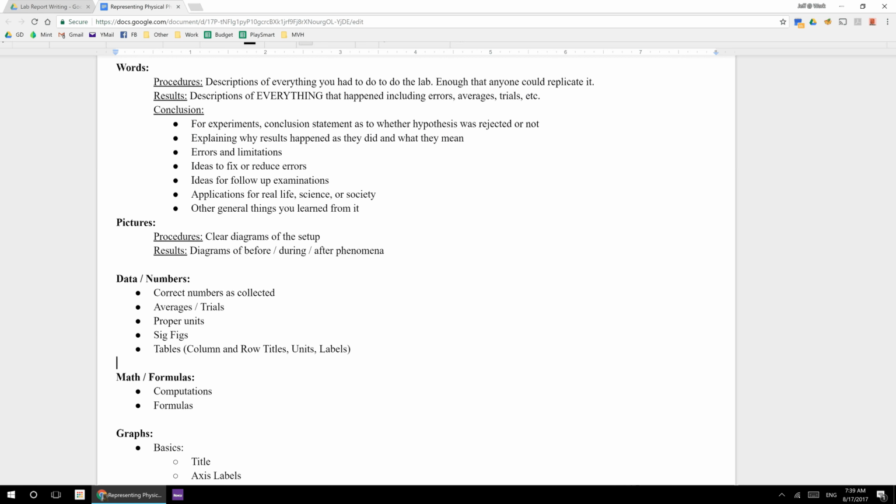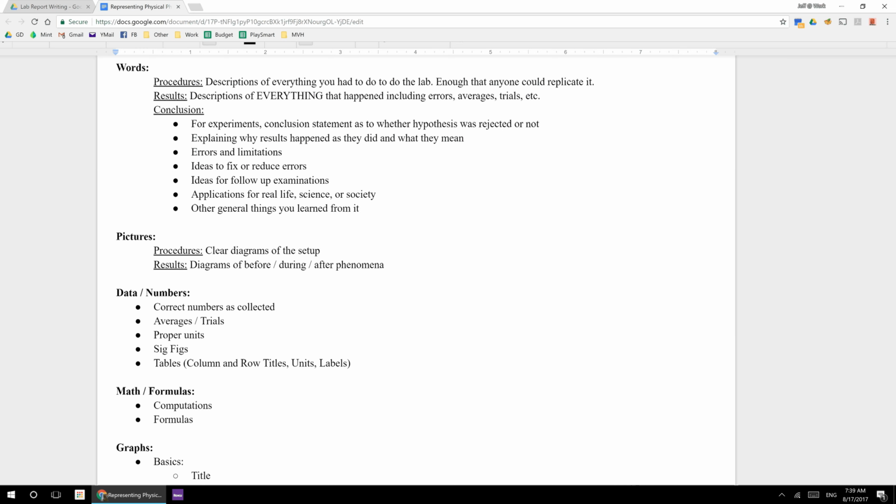So if you're doing a lab report, a presentation in class, or even a mini lab report, you definitely want to include words in your descriptions of what happened. A good representation of physical phenomena will also include pictures. Pictures should be included in procedure sections, where you draw clear diagrams of your setup. You should also include pictures in your results sections, where you diagram the before, the during, and the after of your experiment.